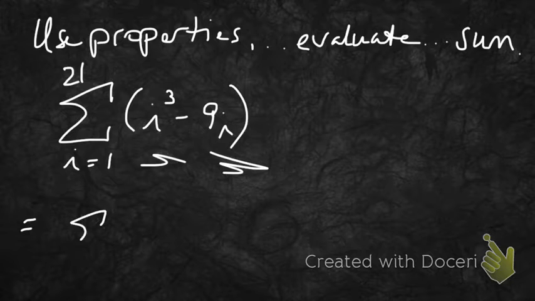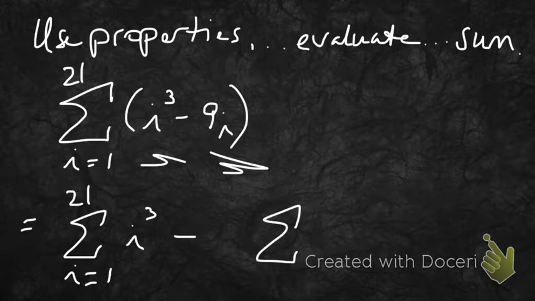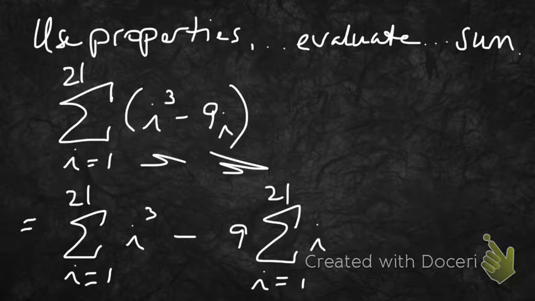This will be the sum from 1 to 21 of i cubed. We'll take away the sum from 1 to 21 of i, taking it away 9 times, or we'll find the sum and multiply by 9.